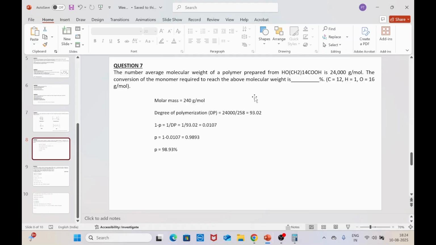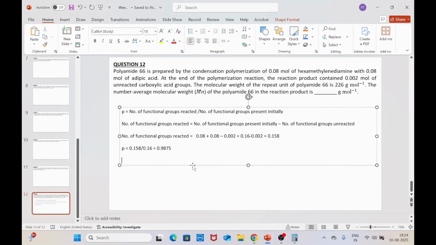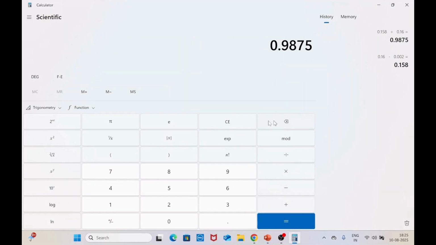Once you know this extent of reaction P, you can calculate the degree of polymerization Xn as 1 by 1 minus P, which is 1 by 1 minus 0.9875. Let's use the calculator. 1 minus 0.9875 is 0.0125.